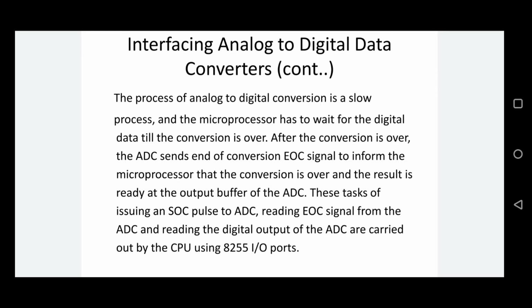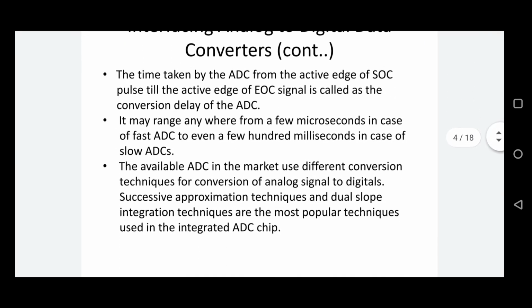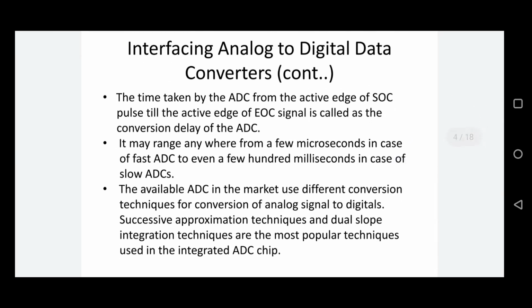Now, the conversion time. What is meant by conversion time is the time taken by the ADC converter to convert the analog data into digital data. That time is called the conversion delay.